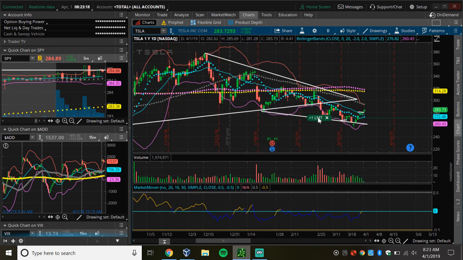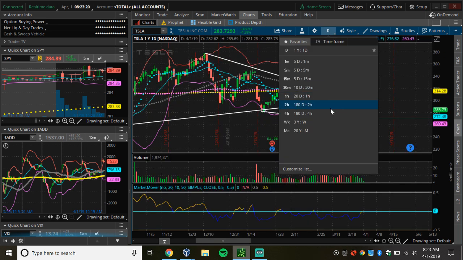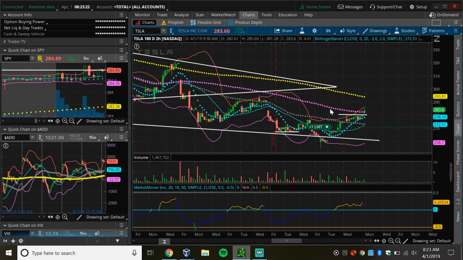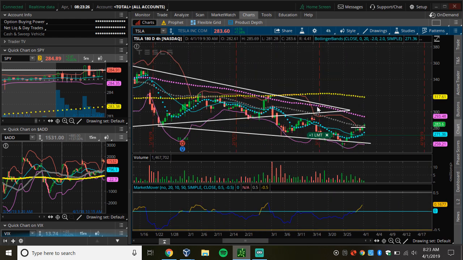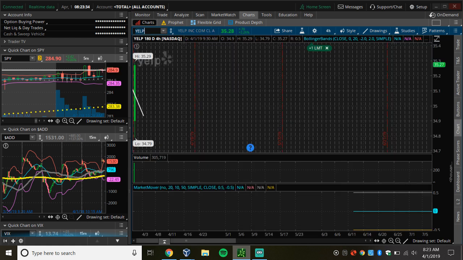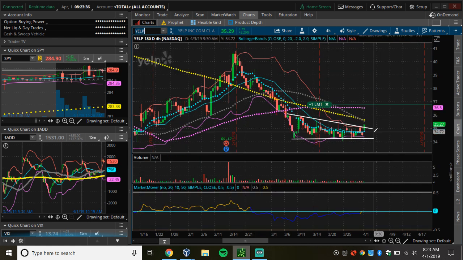So on the daily chart, gap and above some moving averages there, so pretty good. Last thing, Yelp. We'll just go over Yelp. And Yelp is breaking out of the pattern that we drew.